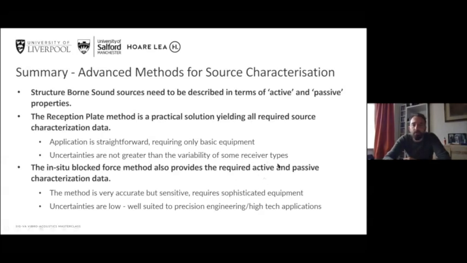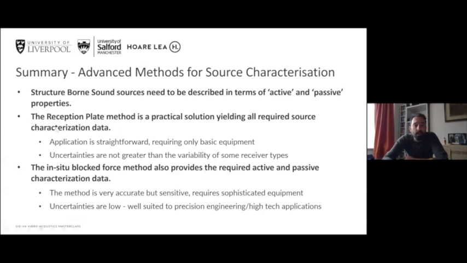So then if we can't model them, how are we going to obtain them? The free velocity method has its limitations, especially when machines want to run under load, and the block force method has its limitations because it's challenging to actually block a source and directly measure the force by a force transducer. Most people don't have a bag full of force transducers already.